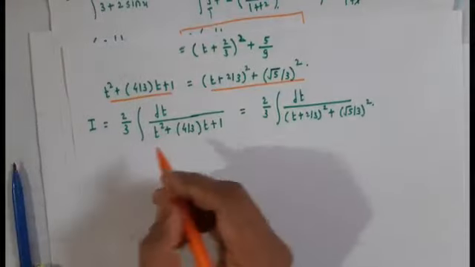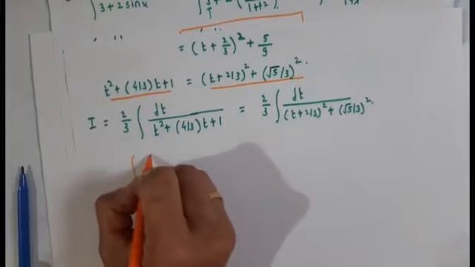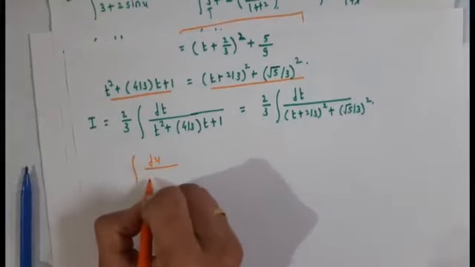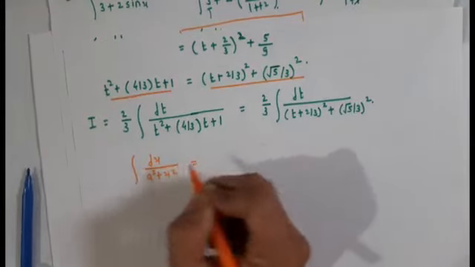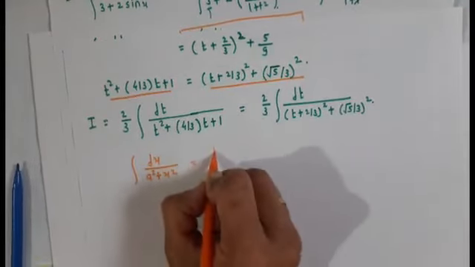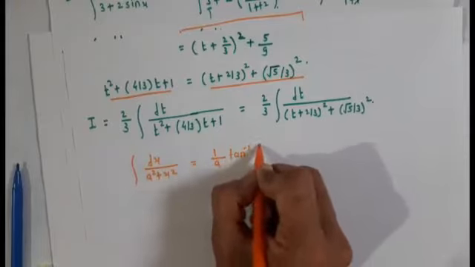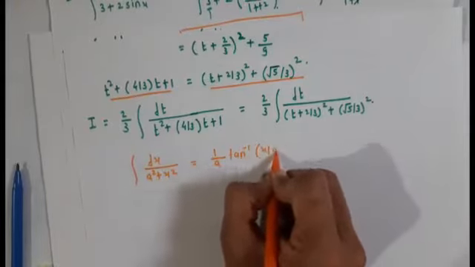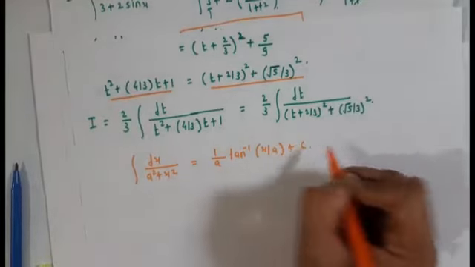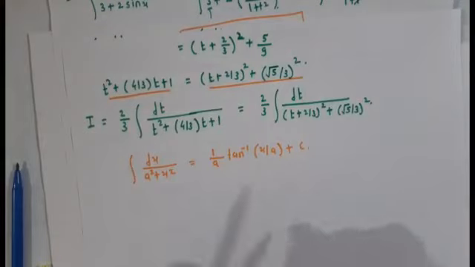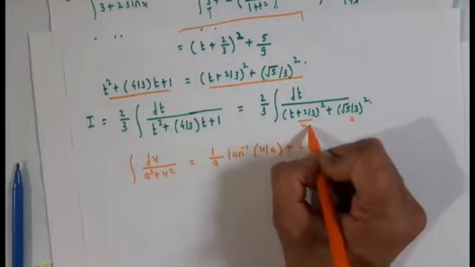Now the integration is of the form integration of 1 upon a square plus x square with respect to x, using the formula 1 by a tan inverse of x by a plus constant of integration c. So what is the value of a? This is the value of a and this is the value of x.